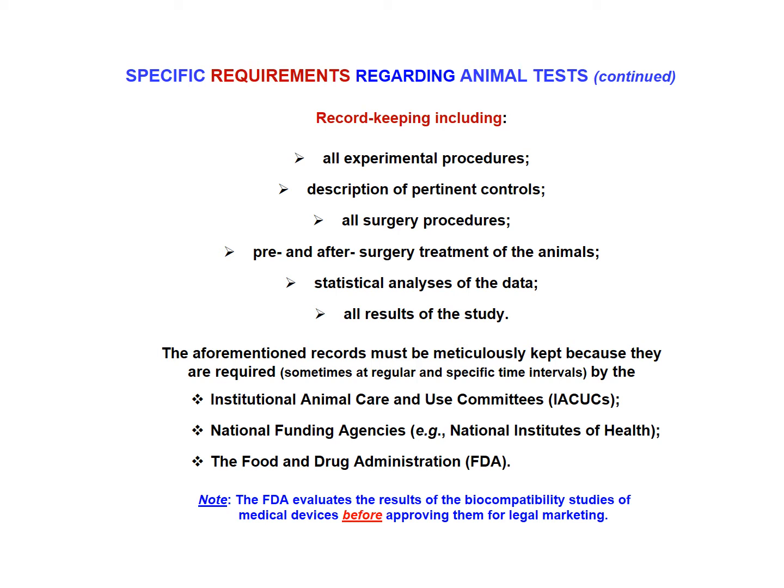Keep in mind that the FDA evaluates the biocompatibility of medical devices before approving them for legal marketing. Therefore, all this documentation must be collected, maintained, and submitted at the end of the study to the FDA when the researchers are seeking approval of their product in order to get permission to market legally this particular product.